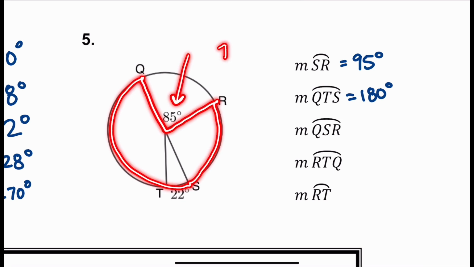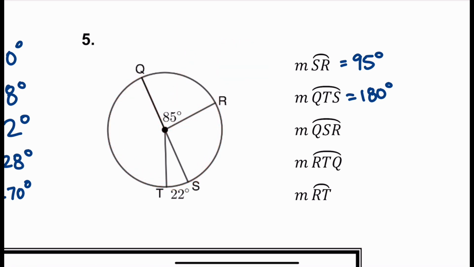So I know that I have 360 degrees, I minus off my 85 degrees. That gives me 275 degrees.